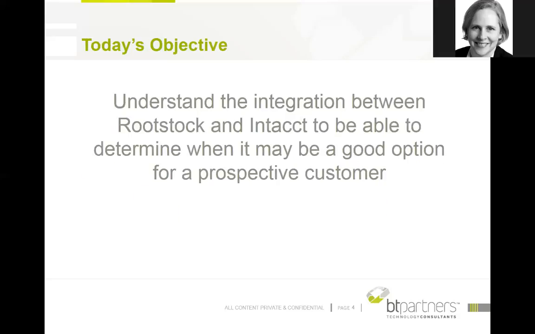So for today's objective, we're not going to get very deep in the weeds. We really wanted to make sure that we gave you the understanding of that integration that exists between Rootstock and Intacct, so that as you have an opportunity come up, you can determine if that prospective customer is a good fit for the Rootstock Intacct integration, and both solutions would be complementary for this particular customer.